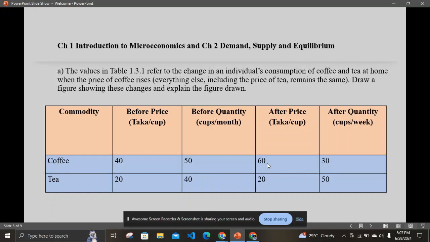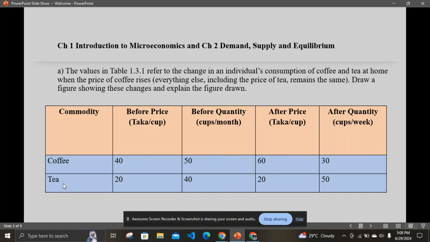When the price shot up from 40 to 60 taka, that means 20 taka increased, the consumption decreased from 50 to 30. So we can see the price is increased and the consumption is decreasing by the same portion, that is 20.